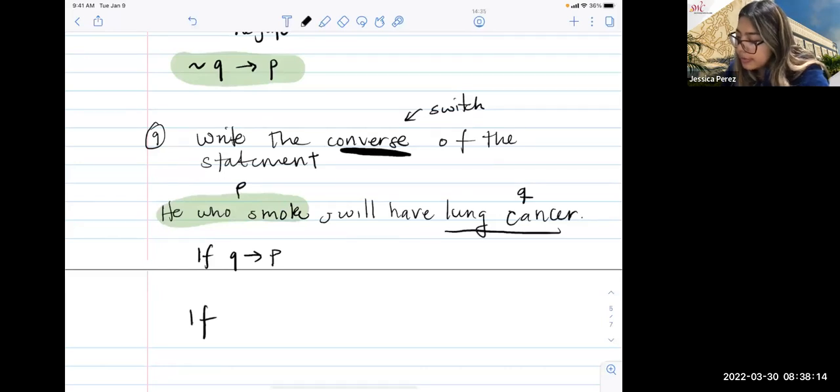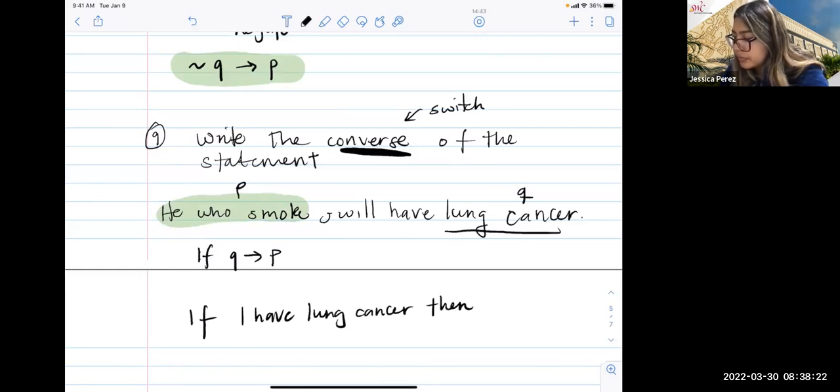So you say, if I have lung cancer, then I smoke. Right? So he who smokes will have lung cancer. Okay, so you're finding the converse of this one.